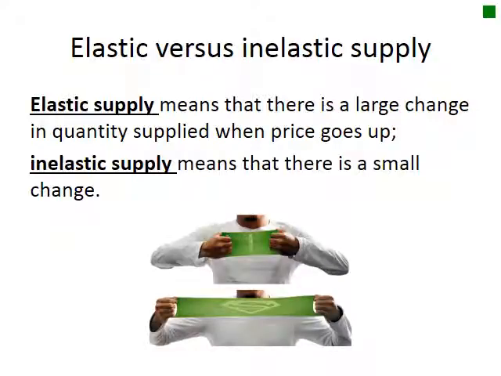An elastic supply means that there's a large change in quantity supplied when the price goes up, and an inelastic supply means that there's a small change. And of course, with all of these types of elasticity, it happens in the opposite direction as well. For elastic supply, there'd be a large change in quantity supplied, meaning a decrease in it, when the price goes down.